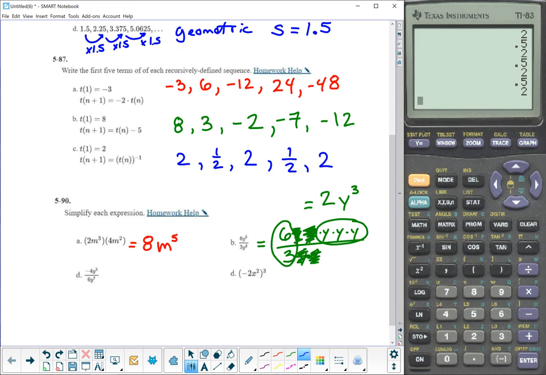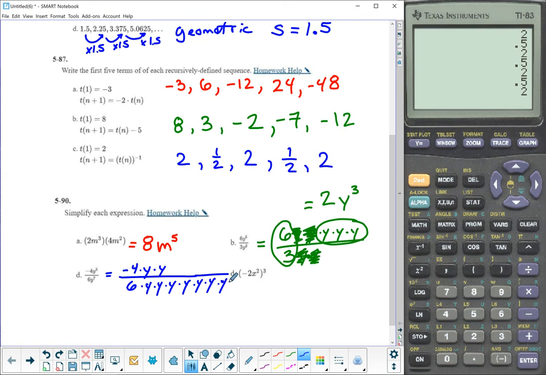Okay, I'm going to do the same thing for this one right here. And because it's a fraction, I'm going to write it as a fraction. Negative 4 times y. And this bottom is 6 times y times y times y times y times y times y times y.